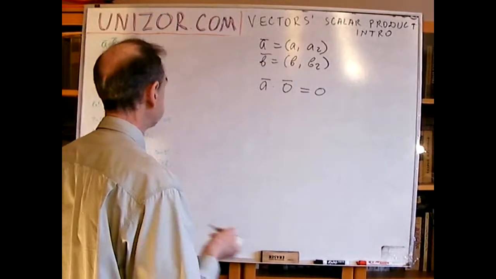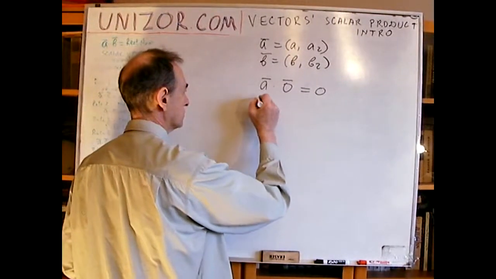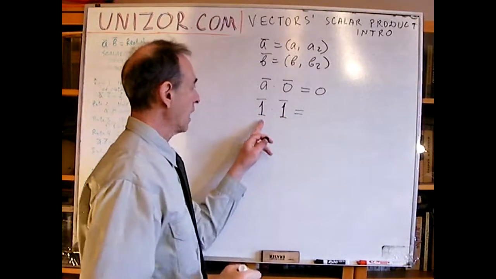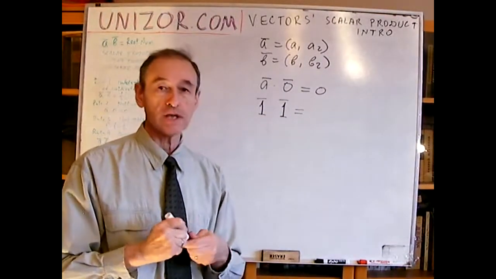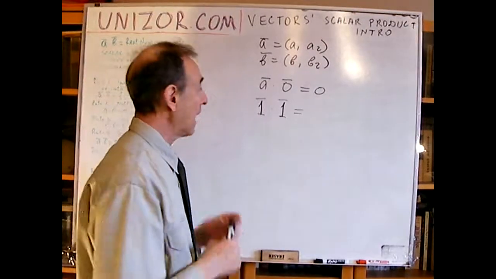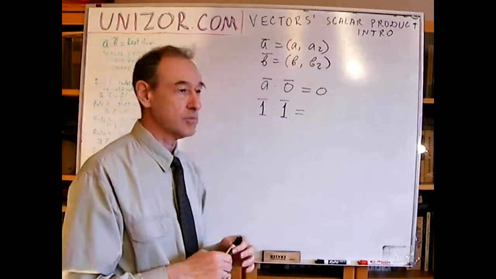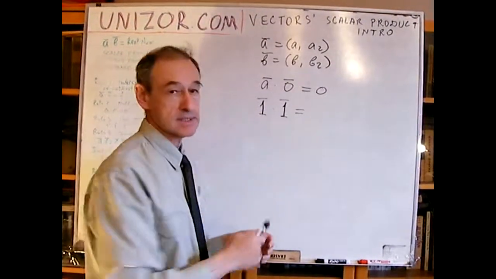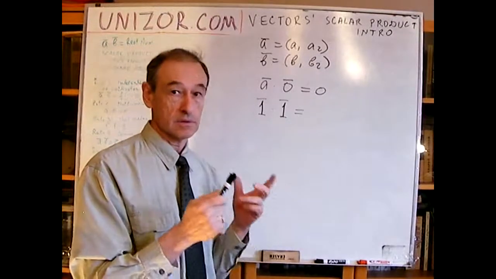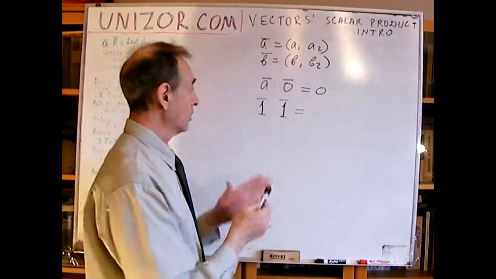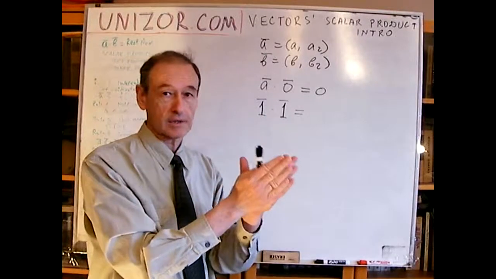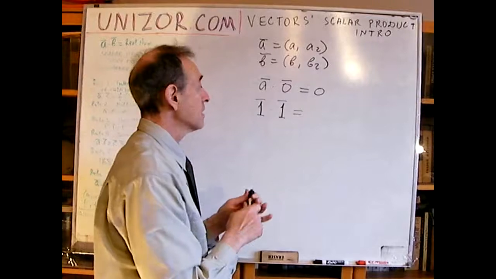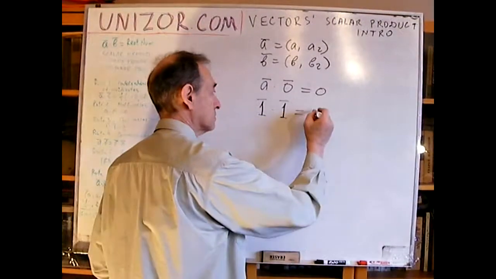Rule number 3. Now, this is a unit vector, the vector which has a unit length. Now, I think again it's reasonable to assume that if you have the same vector multiplied by itself, so it's not two different vectors, it's actually vectors which are the same, we repeat it, we multiply it by itself, then the result must be 1.